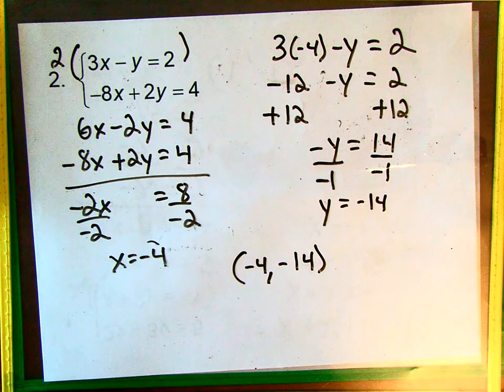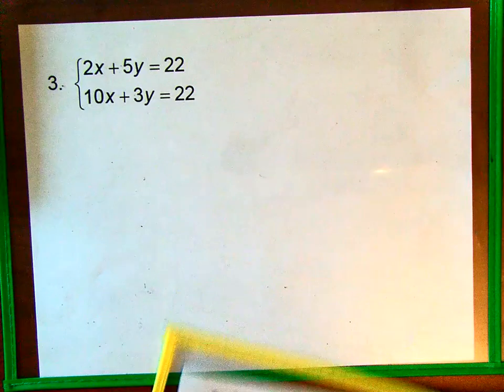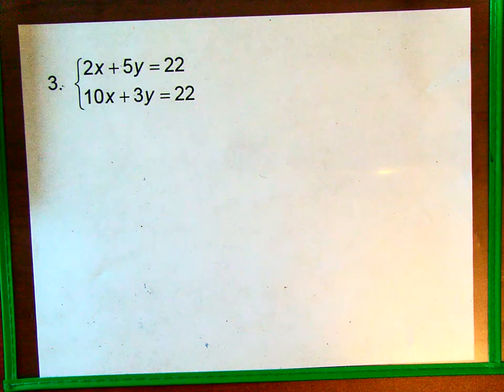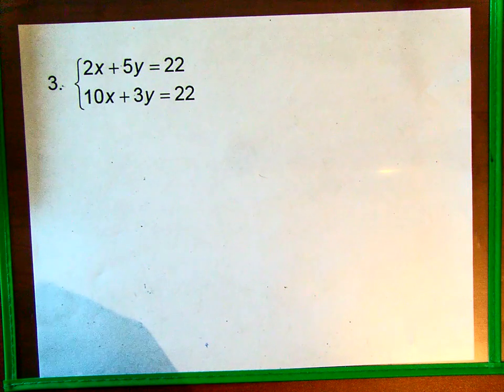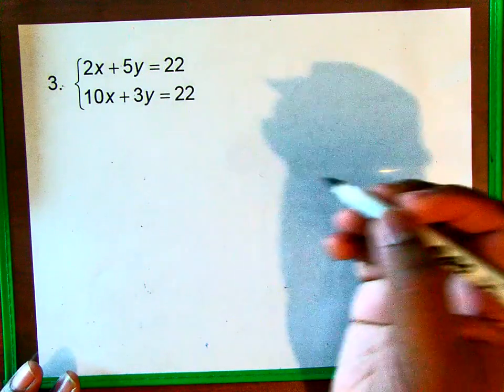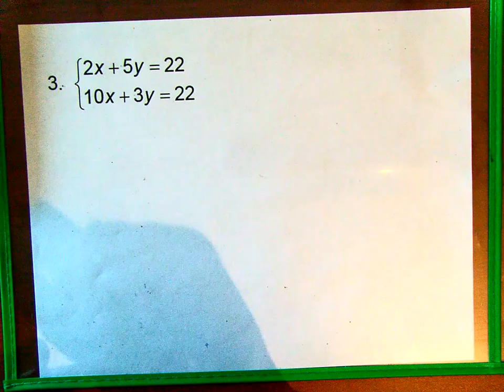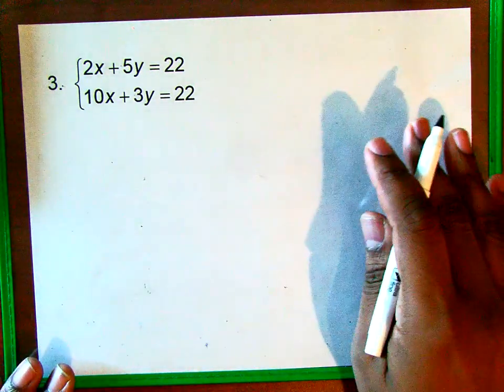All right, let's take a look at a couple more examples. Okay, now this one doesn't have a coefficient of 1, but you can still multiply by just one number here and not alter everything.